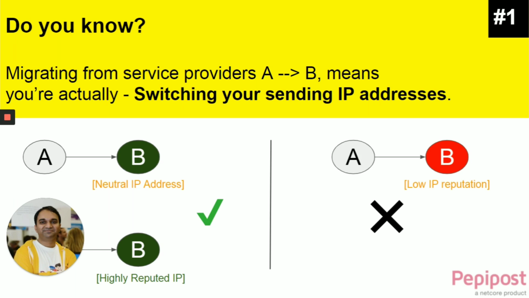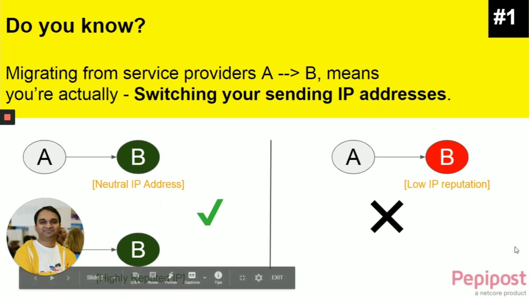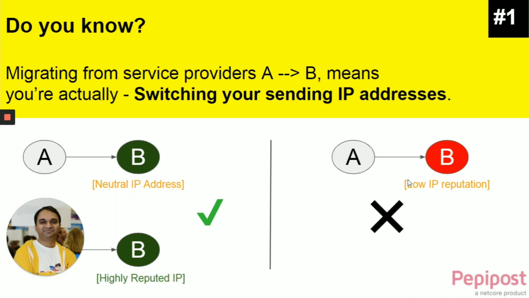But what if vendor B has a very low reputed IP address? That's a bit of an issue. You should not migrate from vendor A to vendor B if the IP reputation of the vendor you are migrating to is very low.